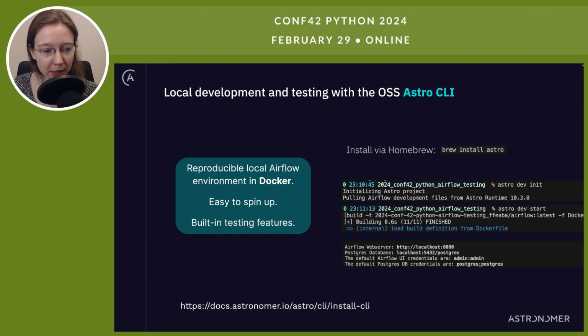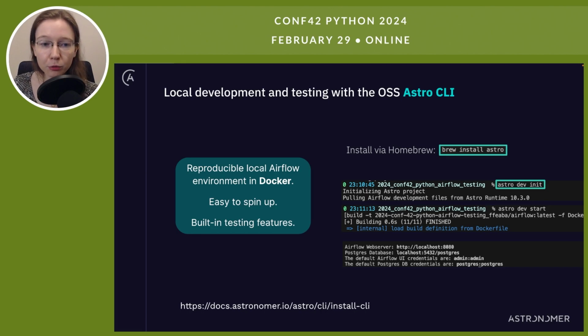So if you go to this link that is on the screen, on the Astronomer docs, the Astro CLI, you can get some install instructions. But what you really need to know is you just need 3 commands. First, you install the package, brew install astro. Then you go to any empty directory on your machine and you run astro dev init. And once you run astro dev init, a local Astro project will be initialized.